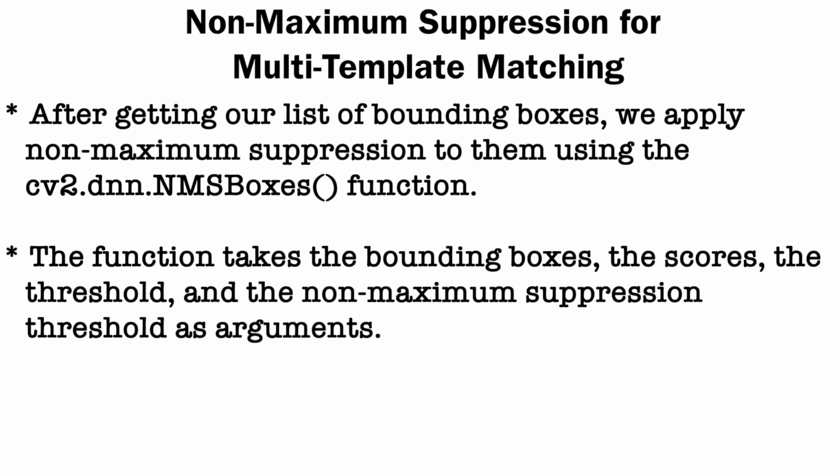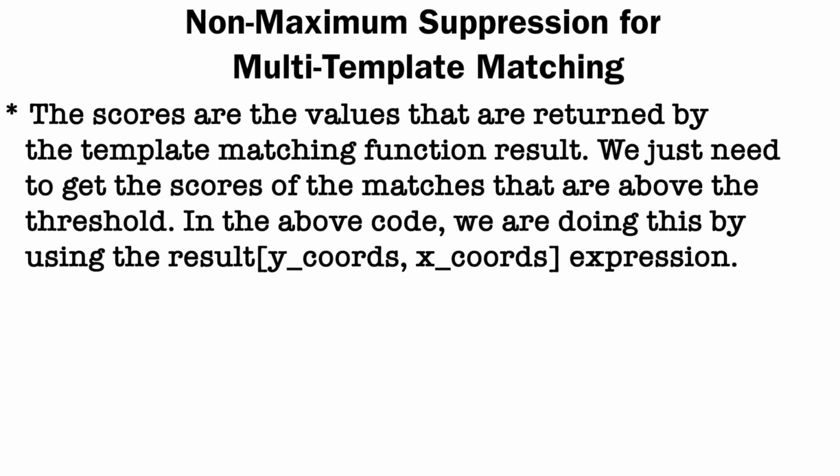The function takes the bounding boxes, the scores, the score threshold and the NMS threshold as arguments. The scores are values returned by the template matching function result. We just need to get the scores of the matches that are above the threshold. In the above code, we are doing this by using the result[y_coordinates, x_coordinates] expression.